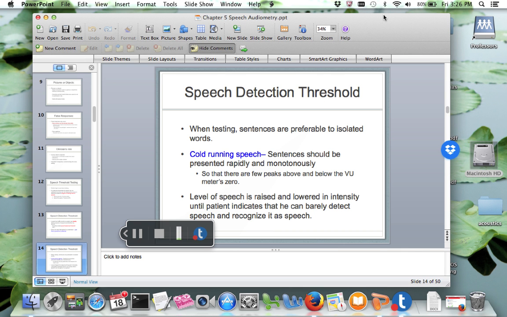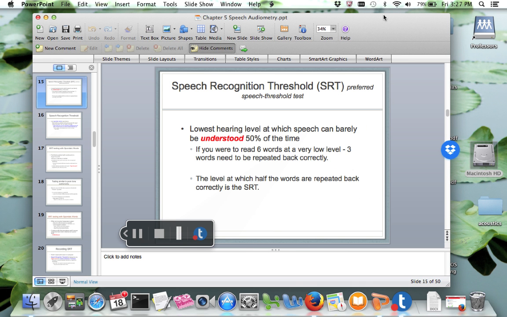And so it's this cold running, monotonous speech, with very few intonation curves, just smooth speech. What's going to happen is the audiologist is going to slowly raise the volume of his or her voice from, say, 0 decibels to 5 decibels to 10 decibels until the patient indicates that they hear speech. Now, it's not that they understand what's being heard, just that they detect that speech is in the environment.